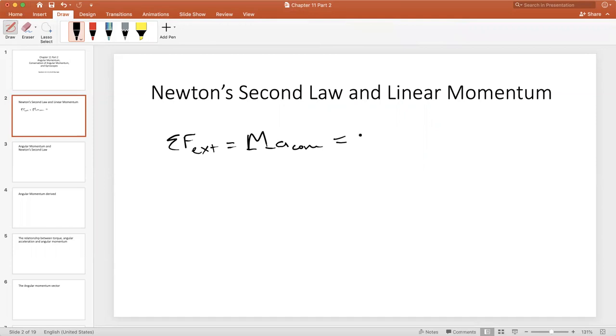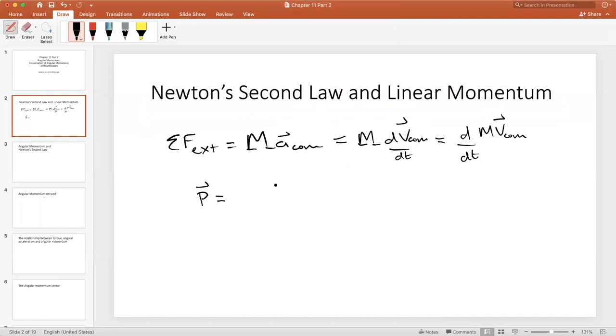Putting this in derivative form, we have the time rate of change of the velocity of the center of mass, times the mass. And if you recall, we moved the mass inside the derivative because it's constant. And so we defined something called the linear momentum, P. I'm going to try to remember to draw my vectors for you, at least for some of this.